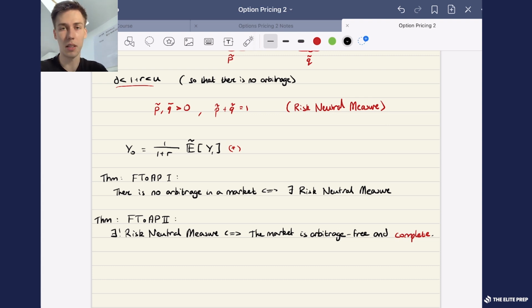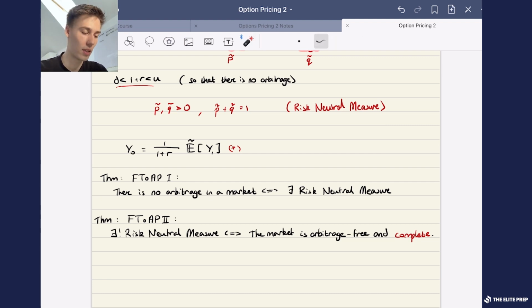A market is complete if we can do that for every derivative. So implicitly in the simple binomial model with one period, we've shown that it is complete, because we are always able to find a trading strategy which is self-financing and replicates the payoff of our derivative.